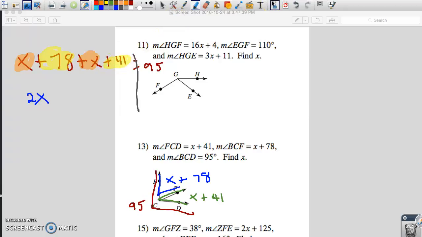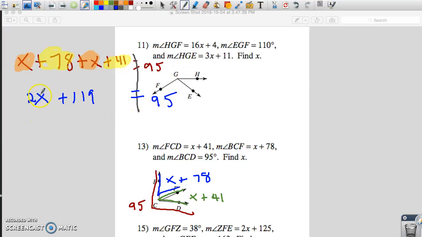Use your calculator to add those two together. We have 78 plus 41, 119. Okay? So these two together, this and this, will give you a positive 119. So all those are combined. Let's look at the other side, 95. As you can see, there's nothing to combine here, so we'll leave it at that.